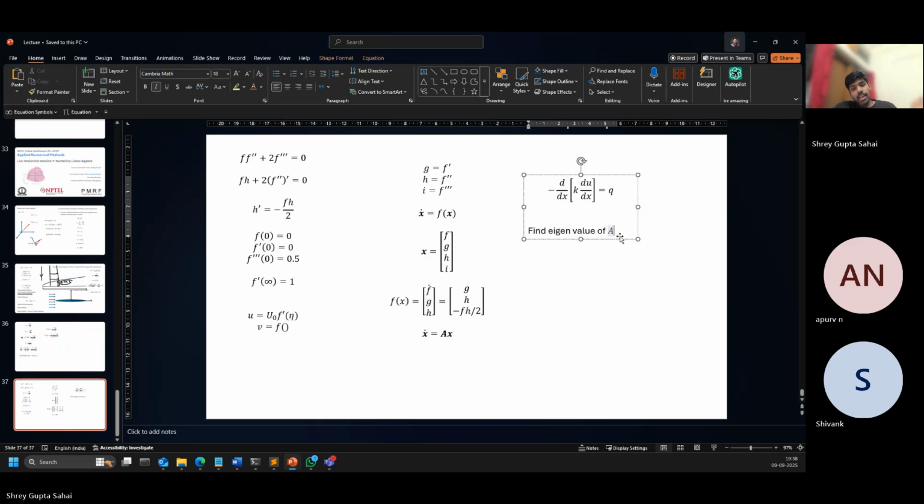Eigenvalues are associated with eigenvectors also. Eigenvectors are directions along which a tensor does not affect the direction.